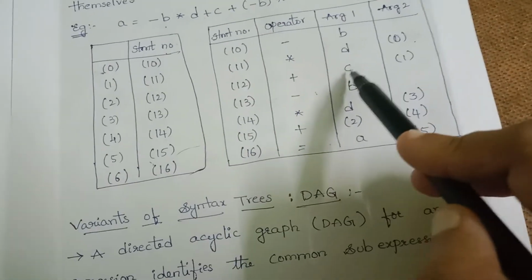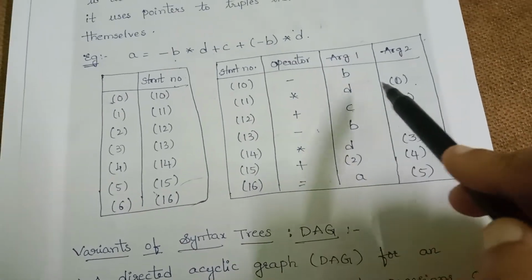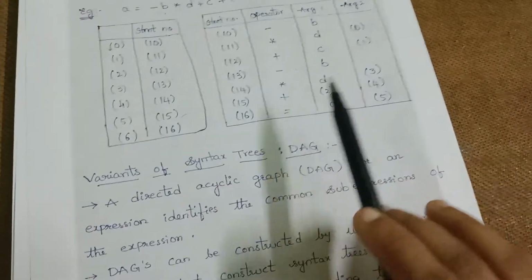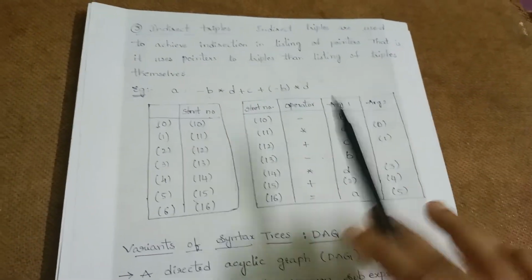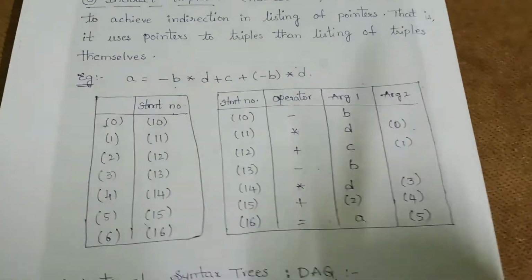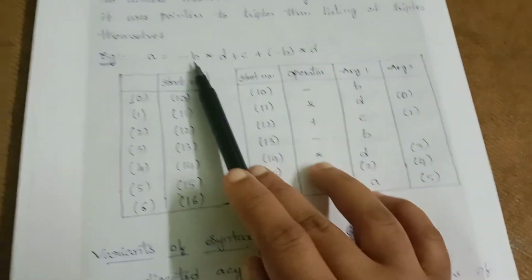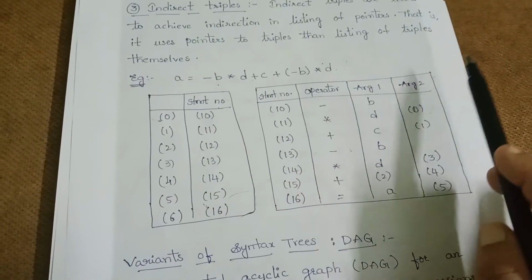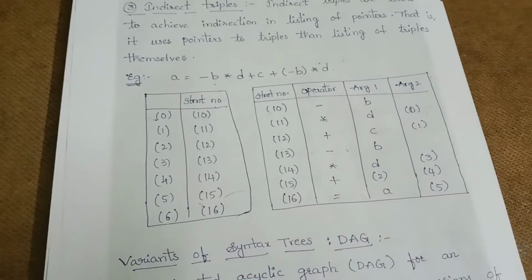That's the reason we have taken argument 1 as C, argument 2 as 1. In the same way we will consider this, and in this format we are going to consider this indirect triples. So if you first construct the 3 address code, it will be clear for you. So the argument 1, argument 2 and the operator.